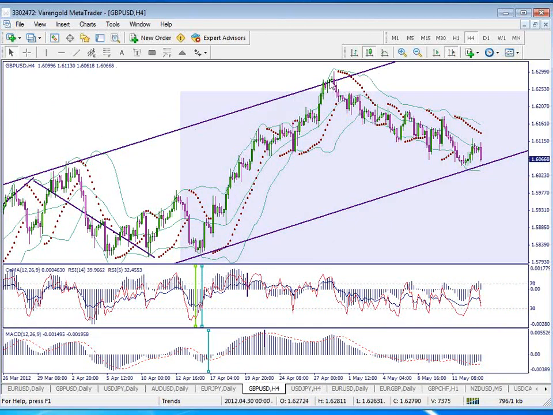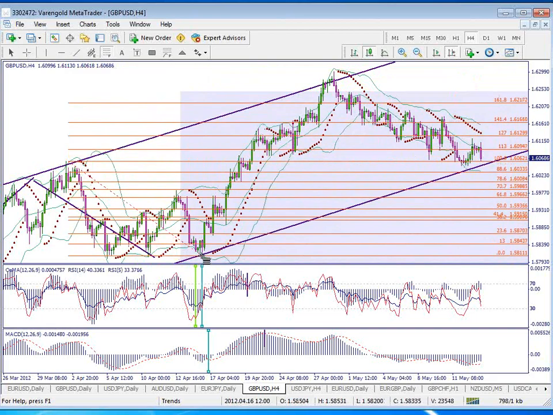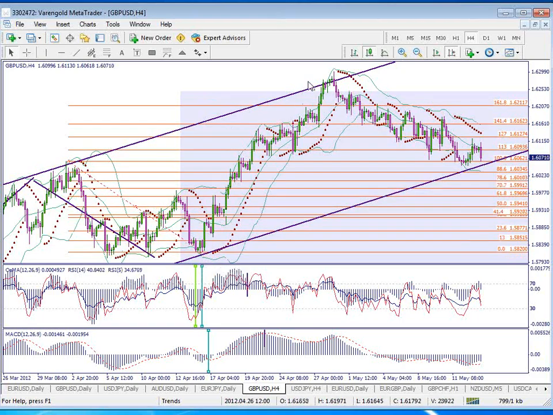To help me to find one level, I will put Fibonacci on this last wave, in the direction of the wave. And my target will be somewhere minimum 100 from this wave, because this is the third wave. So my first target will be somewhere in this area.